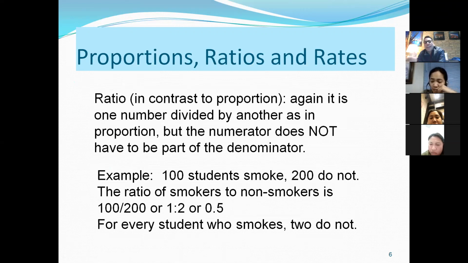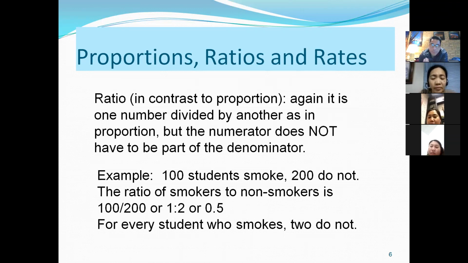That's why for our 100 over 200, we use 1:2, because 100 is our common denominator. So 100 divided by 100 is 1, 200 divided by 100 is 2. And that's the lowest level that we can get in expressing our ratio.